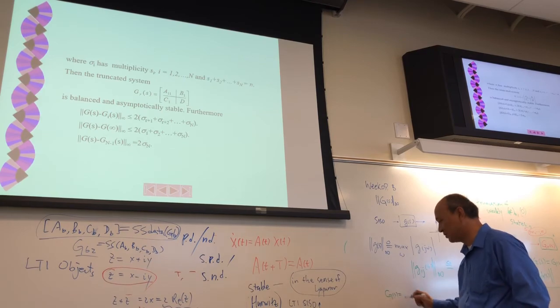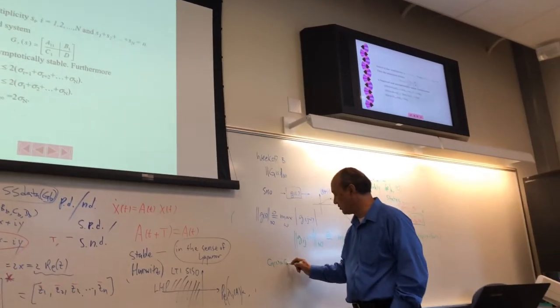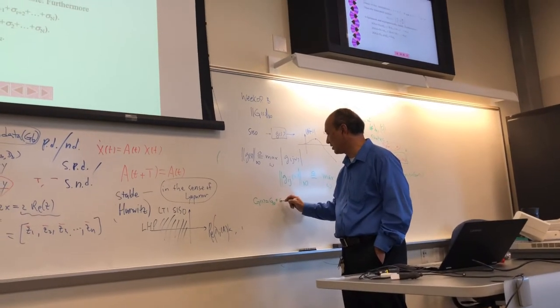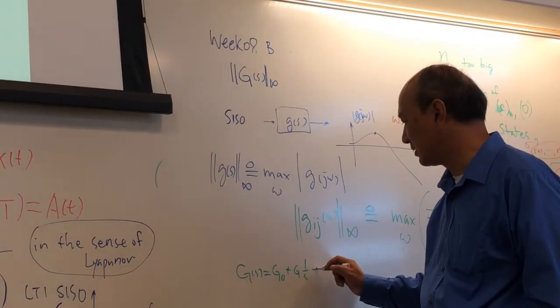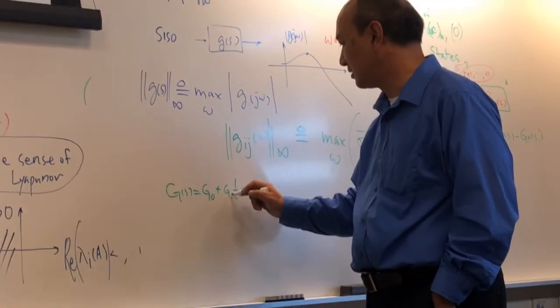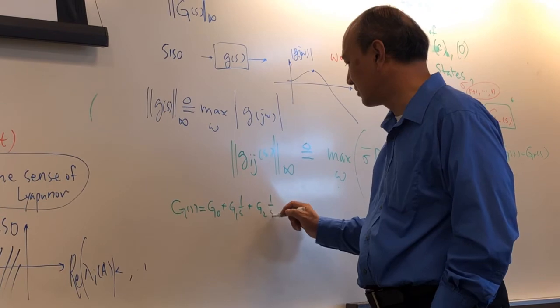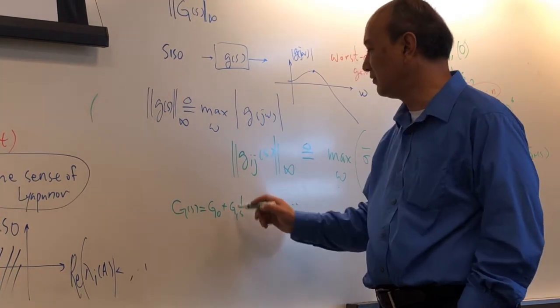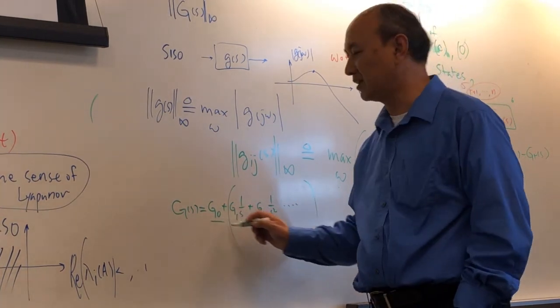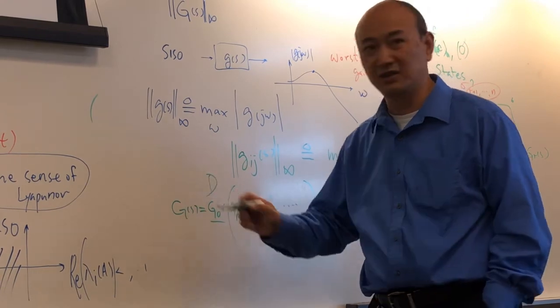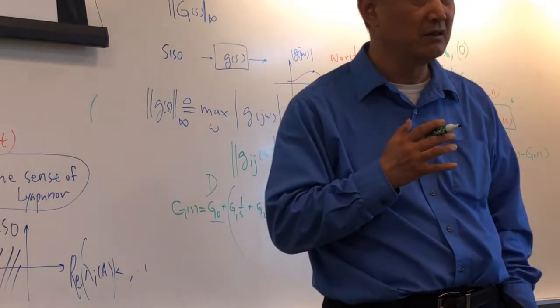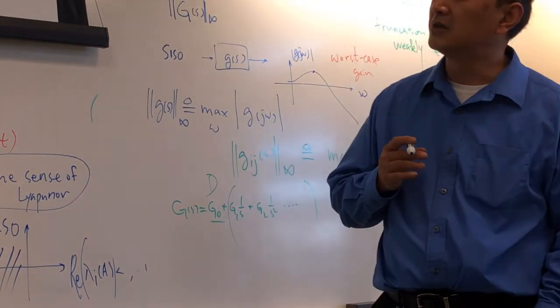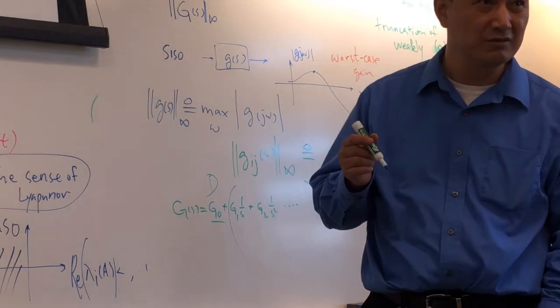G(s) can do a Laurent series expansion: G0 plus G1 times 1/s plus G2 times 1/s squared. So if you do that, only G0 is left. Well, G0 is usually linked to what? D. Okay, D. So usually D is 0.